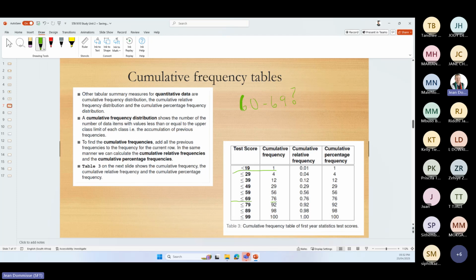And you guys can put it in the chat. How many students are there that have scored between 60 and 69? I'll show you guys now how to work it out from the table. But let's quickly have it: what do you guys think?